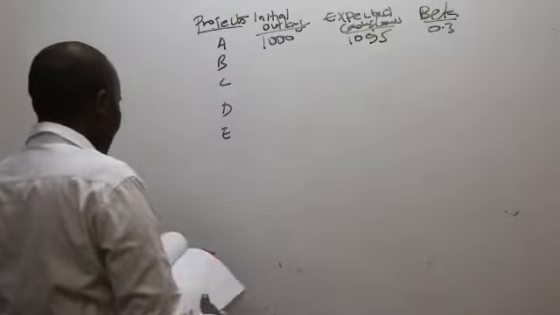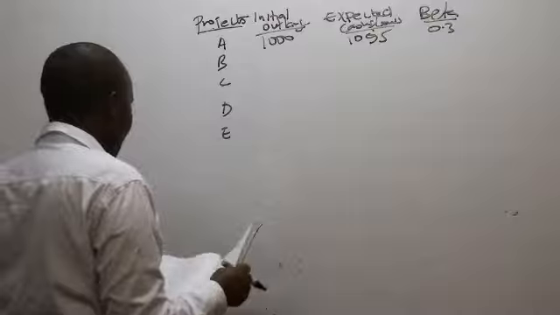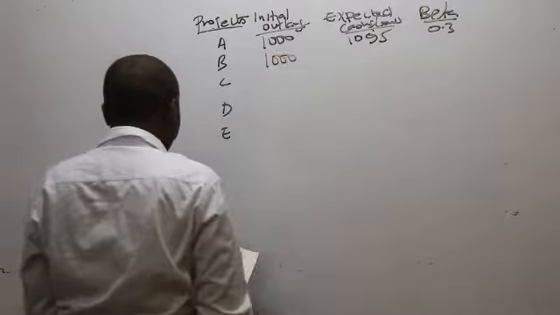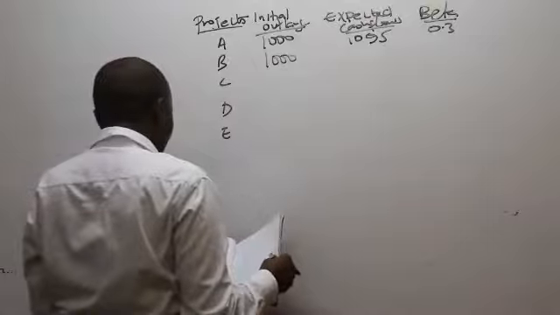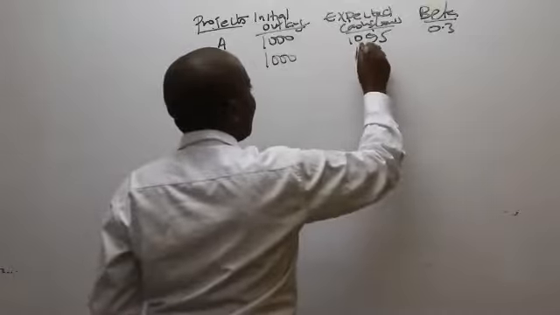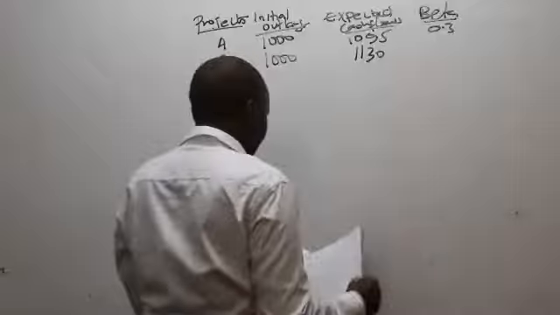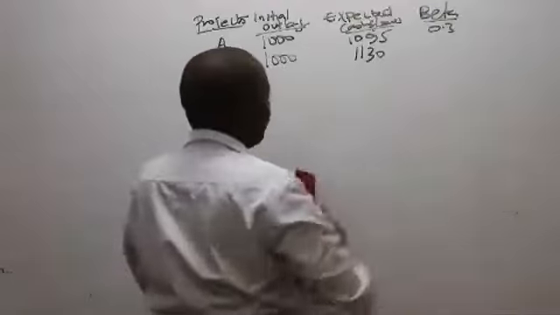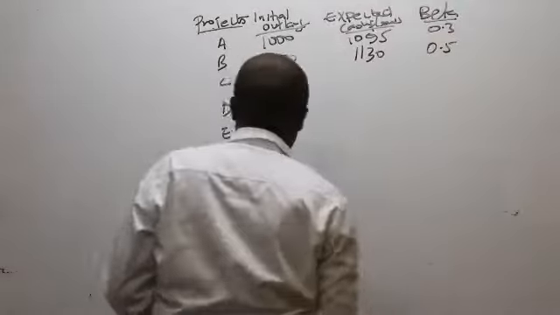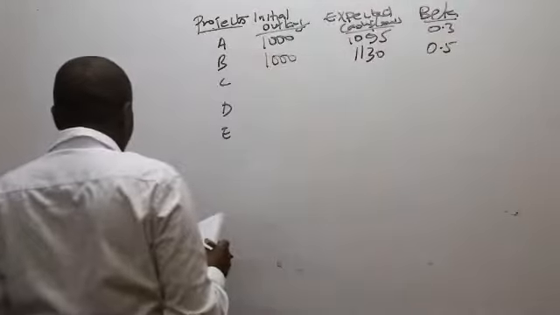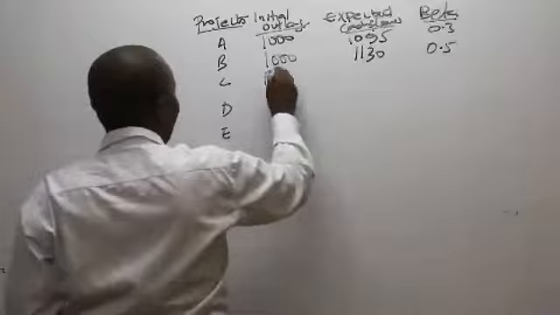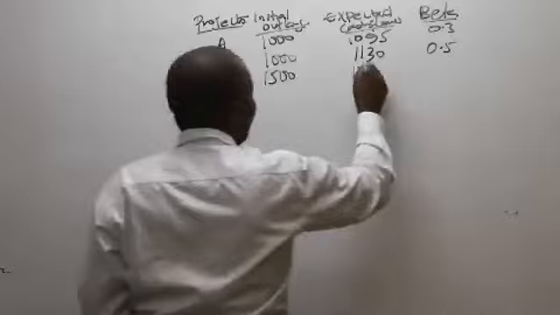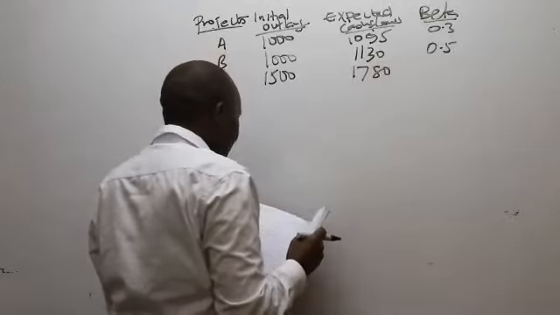So that is A. After that, we go to B. Again they have given me 1,000, then 1130, and then we have a beta of 0.5. And then we have C, where they give us 1,500, and 1780. Quite an interesting question.